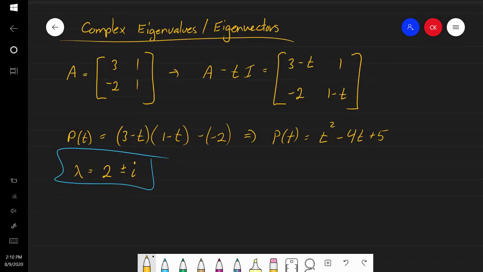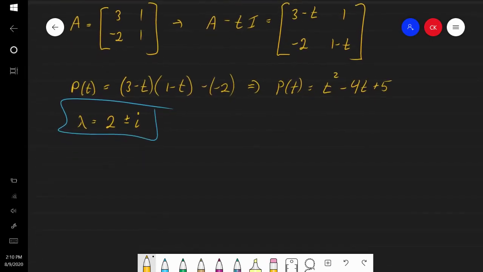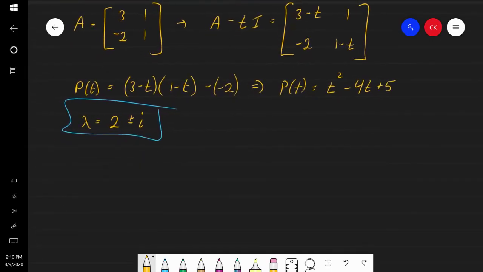Now, to find the eigenvectors, we go through our typical process of replacing one of the lambdas into the homogeneous system. So let's take lambda equal to 2 plus i and work through this side of it, and I'll have you guys work the second half.